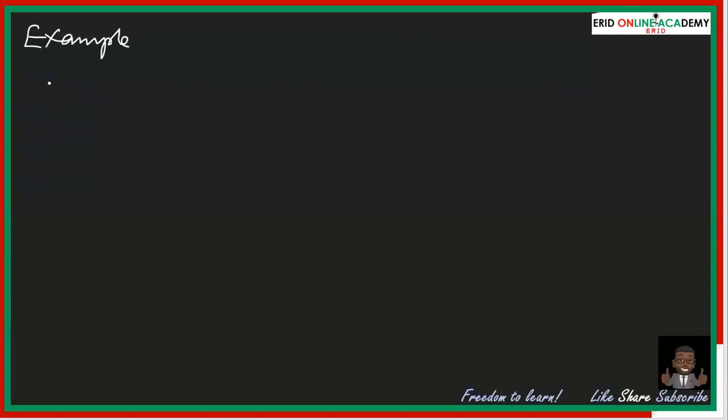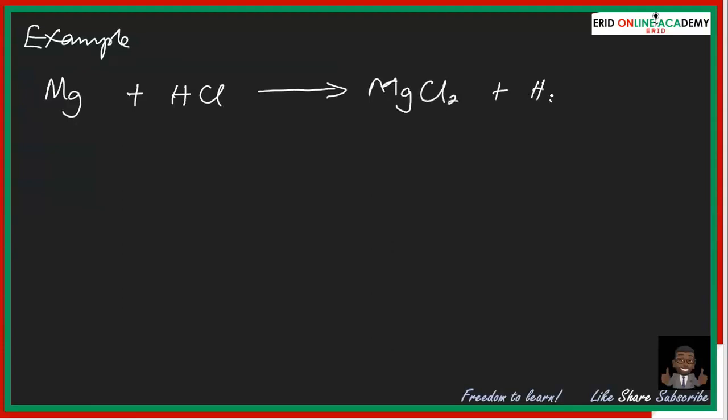So let's see this. Magnesium, for example, plus hydrochloric acid is going to give us magnesium chloride plus hydrogen, okay?